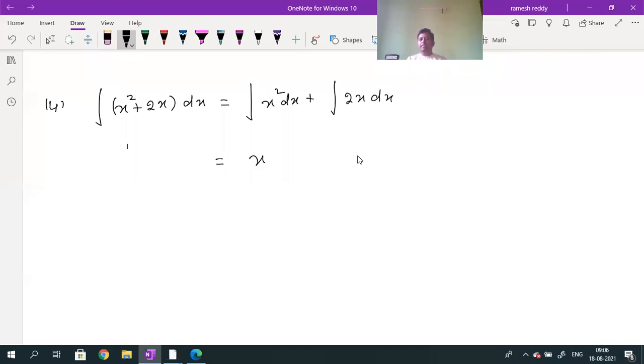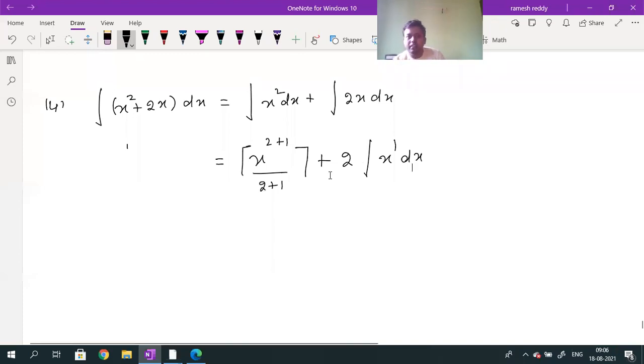So this is x power 2 plus 1 divided by 2 plus 1. Correct? Plus this 2 is a constant. Integration of x, that is x power 1 into dx. So the answer is x cube divided by 3 plus 2 into x power 1 plus 1 divided by 1 plus 1.